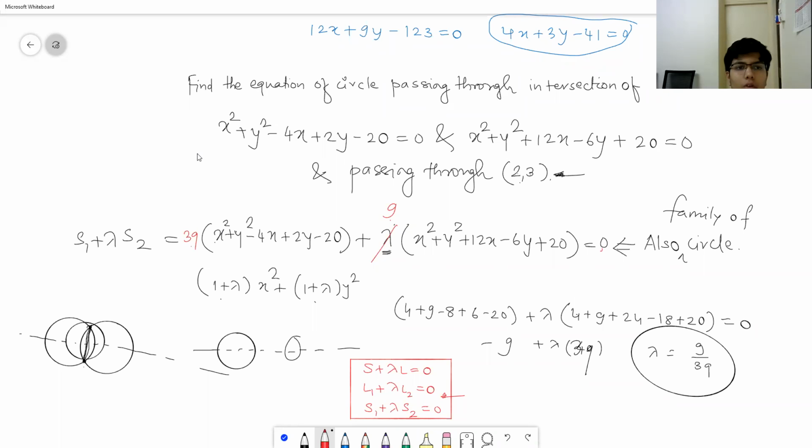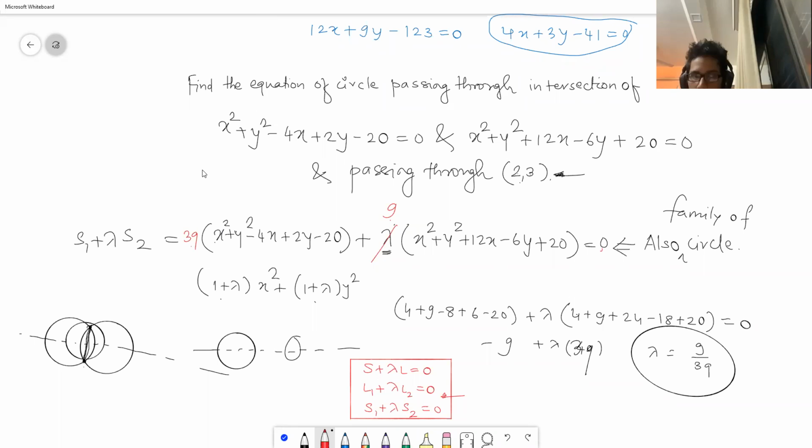Sir, for tomorrow, what homework? Tomorrow you solve 10 more problems. From today to tomorrow you should solve at least 10 problems, and check whether whatever you have not solved yesterday can be solved using this tool. I think there is one problem which you can solve with this tool. What about the doubts, questions 1 to 30?